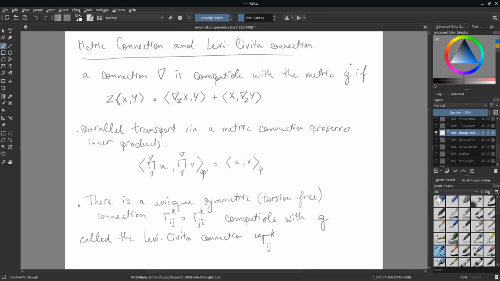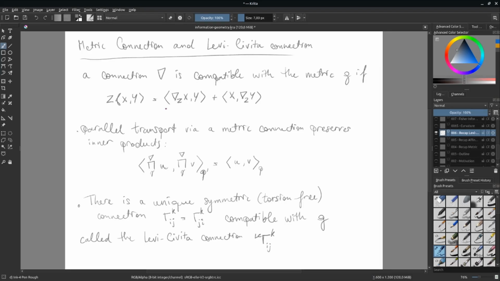So if we want to be able to play with both a metric and an affine connection, we'll say that a connection nabla is compatible with the metric G if the following condition holds. We're taking the derivative along a vector field Z of the inner product of X and Y. You could replace this inner product by the metric G that is hidden here.